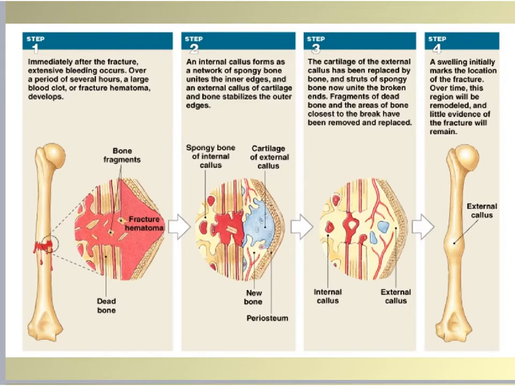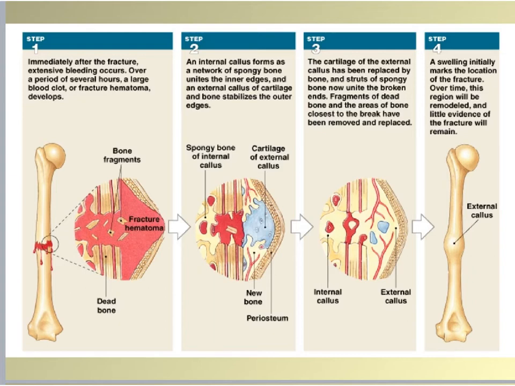So your book does a pretty good job of explaining how repair occurs in this stepwise process. They're showing you a humerus, your upper arm bone, and then going through the steps, they show you how those bones react once fractured, and then how the healing process occurs.